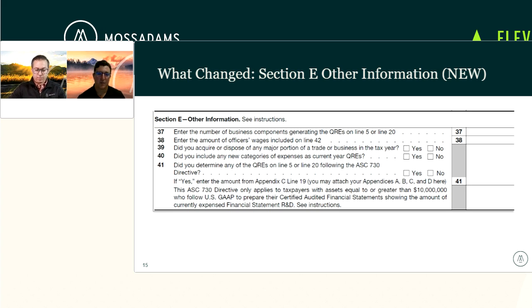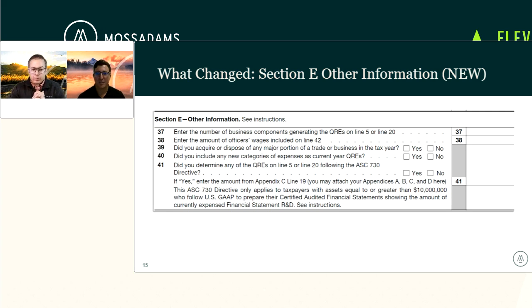Line 40 looks to see whether you included any new categories of expenses in QREs. However, there's again no definition of what new categories means, and it's likely going to lead to some inconsistencies between taxpayers.